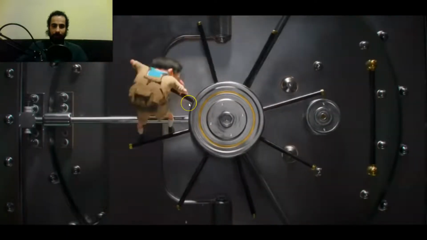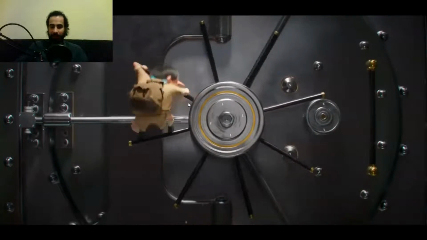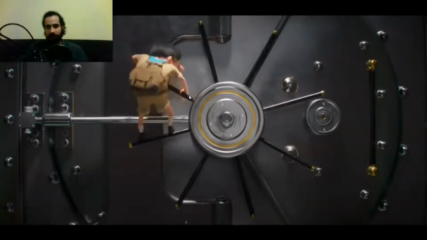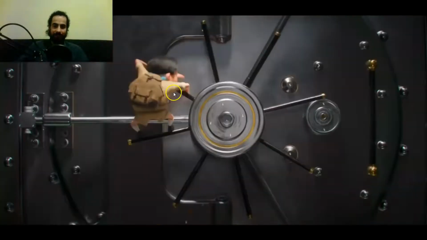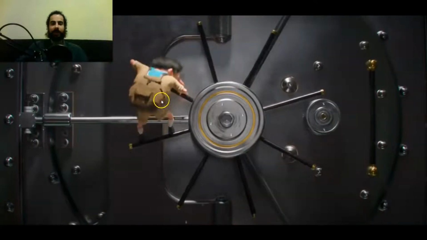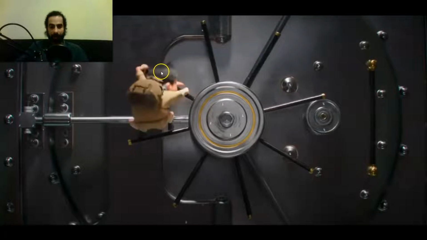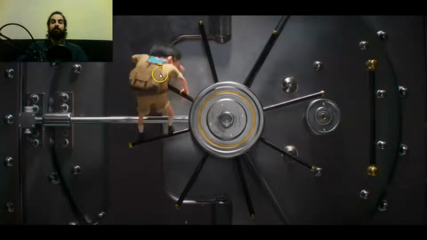The whole trying to open the, I don't know how you call it, but trying to open it: first the progressiveness. See, first he moves his body down, doesn't work, then he rises up a little bit more and moves his body down again, and then raises up even more.